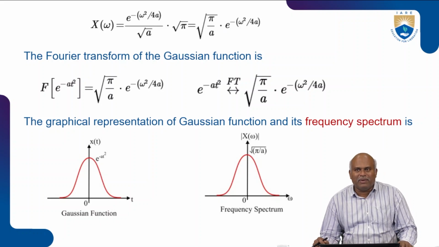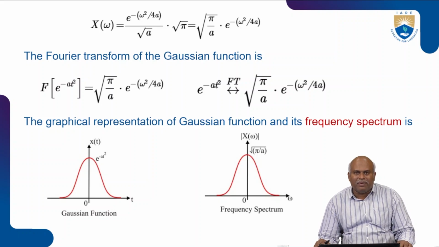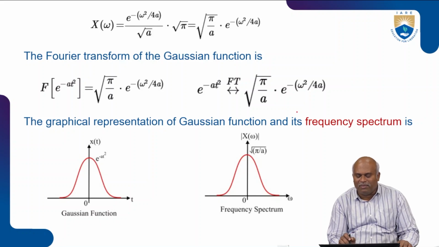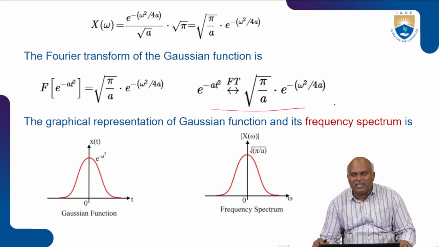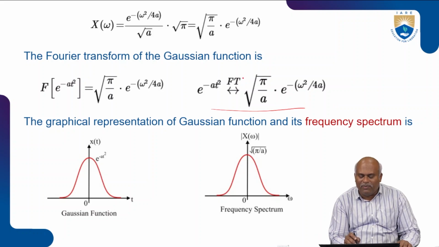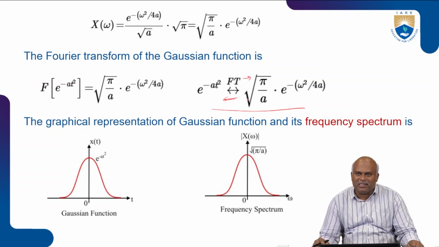The Fourier transform of the Gaussian function e power minus a t square is equal to root of pi by a e power minus omega square divided by 4. Or we can write it in another form: e power minus a t square, with the Fourier transform arrow on this side, is root of pi by a into e power minus omega square divided by 4.